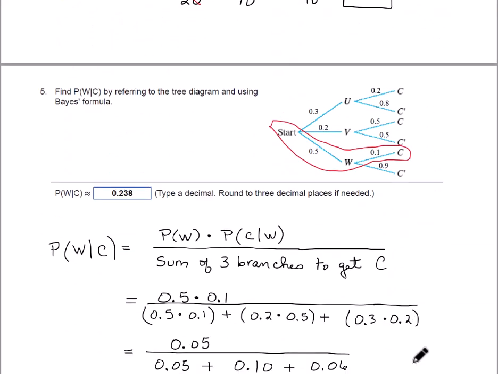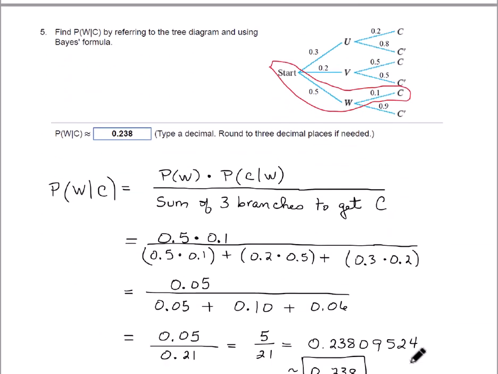All right, so in question 5, we want to again use Bayes' formula. So I want to find the probability of W given I have a C. Well, let's see. Where is C? C appears down this branch, and this branch.